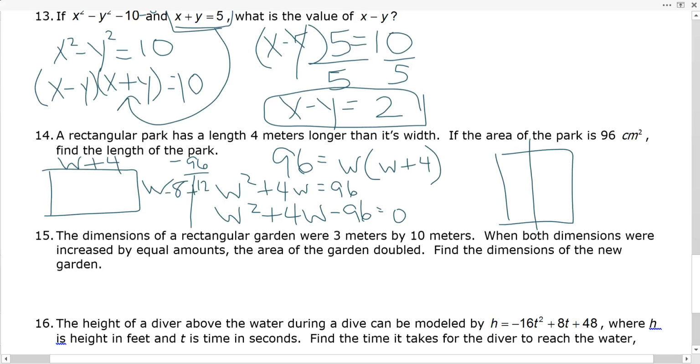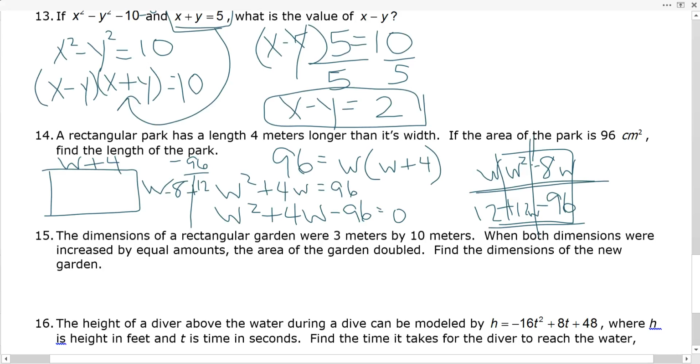So in my box, I have W squared and minus 96, minus 8W plus 12W. My greatest common factor on the top row is W. My greatest common factor on the bottom row is 12.